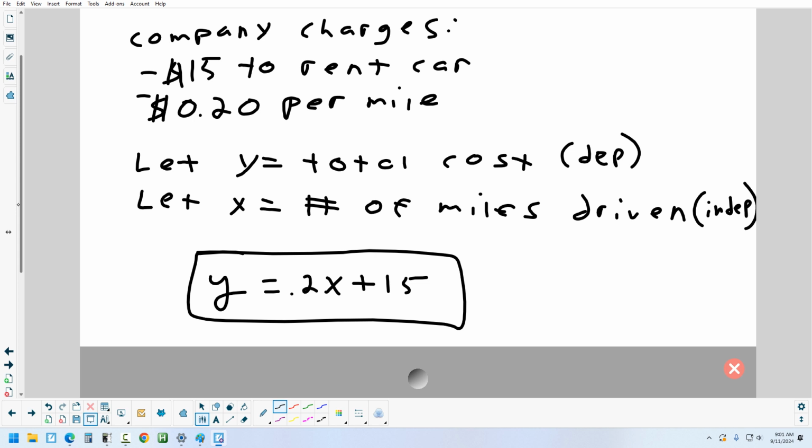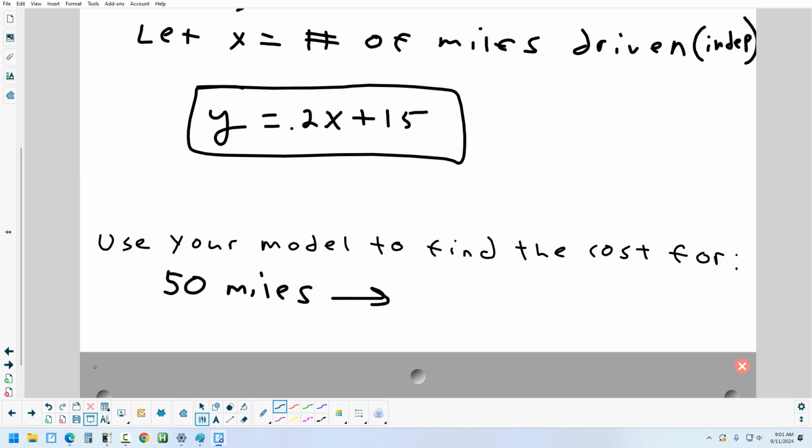All right, so let's use that equation now and figure out the cost for driving the car 50 miles. What would I do with the 50 and the formula that I have up above to figure out the cost for driving 50 miles? Yes, Dylan. You plug 50 into x. Yeah, you take the 50 and plug it in for x. So you get 0.2 times 50 plus 15.